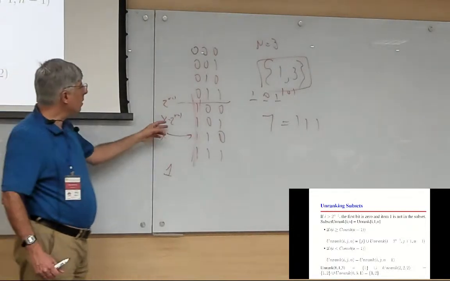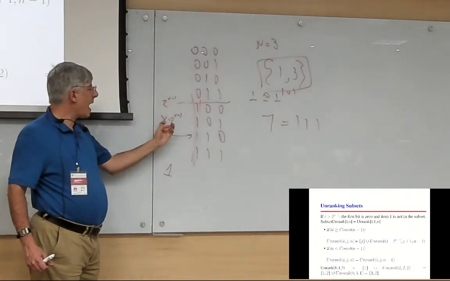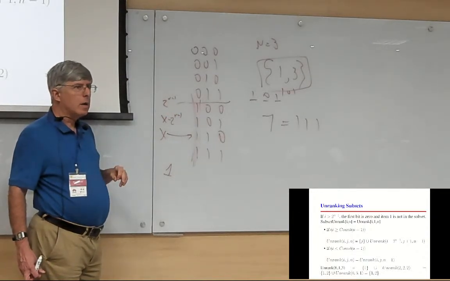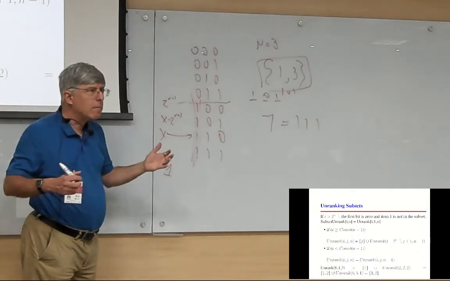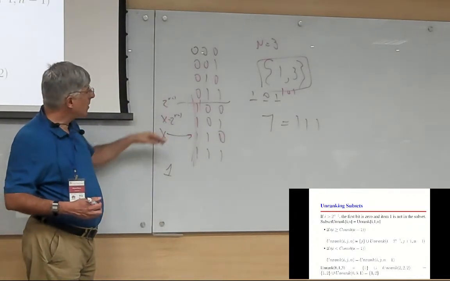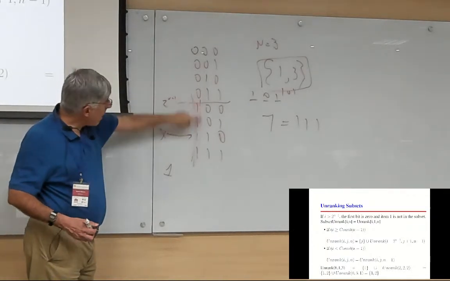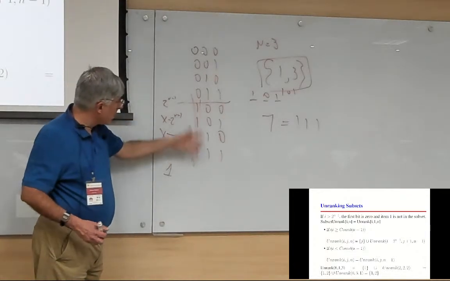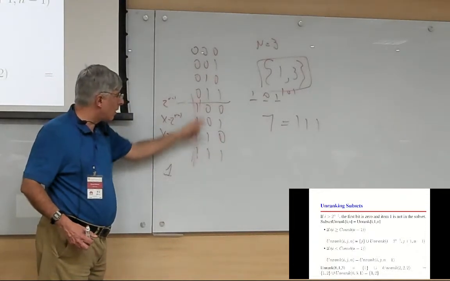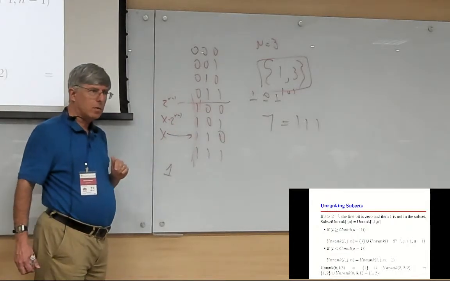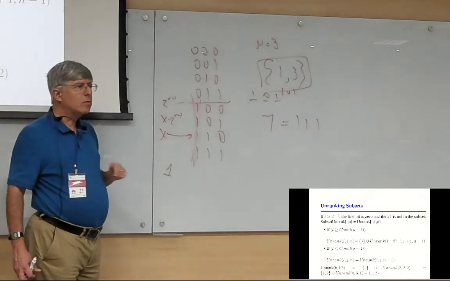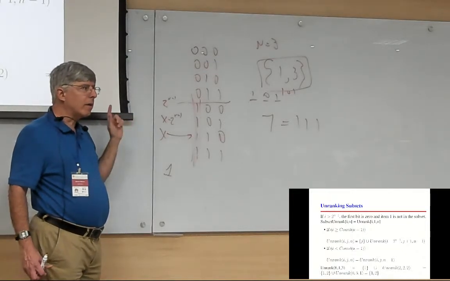I've got a smaller number that is now between 0 and 2 to the n minus 1. 2 to the n is equal to 2 to the n minus 1 plus 2 to the n minus 1, right? If it's above here, and I subtract that thing off, I've got a smaller number of bits left and a smaller integer. And so I can do this unranking in a recursive way.